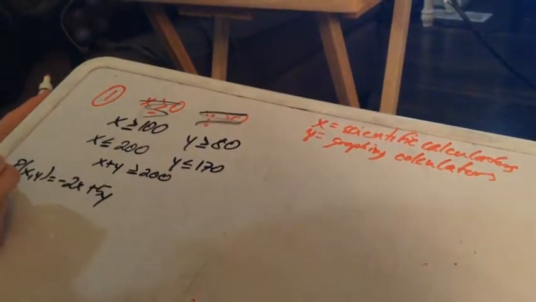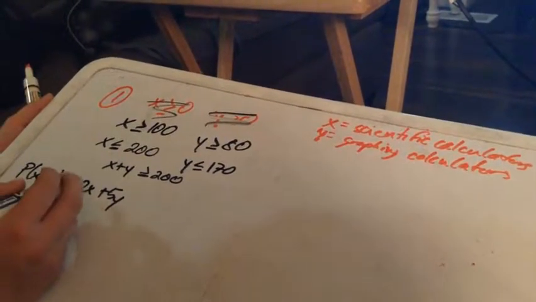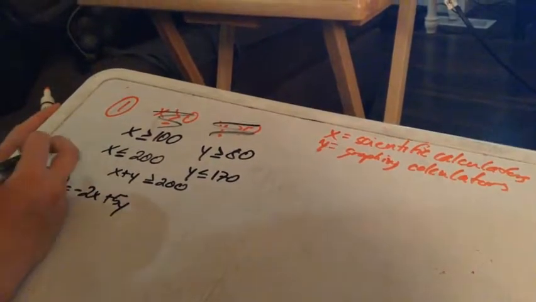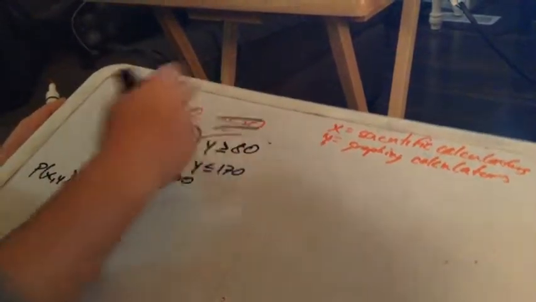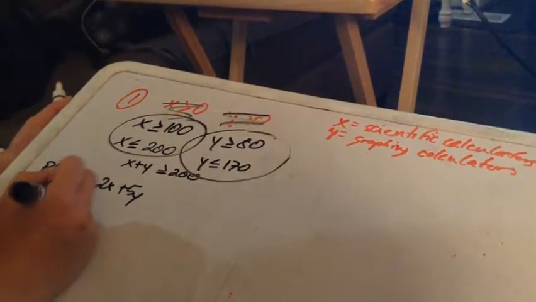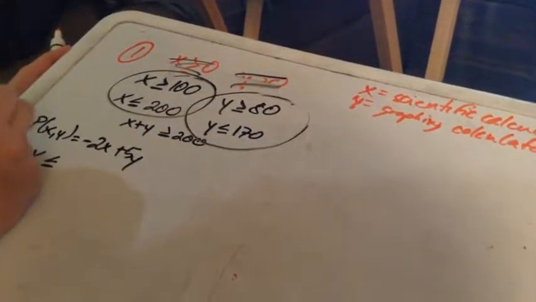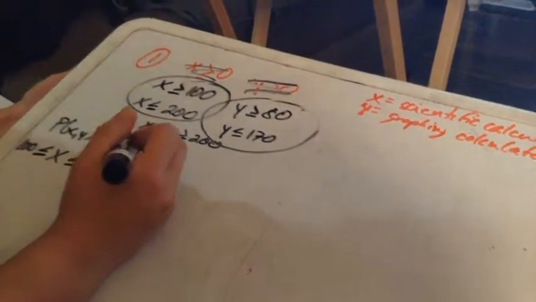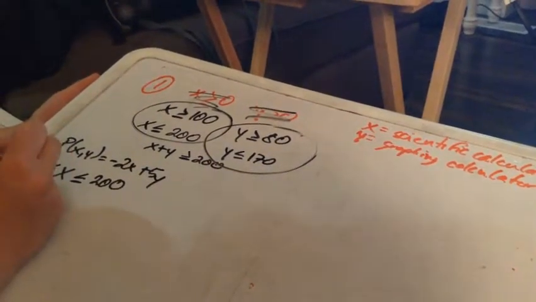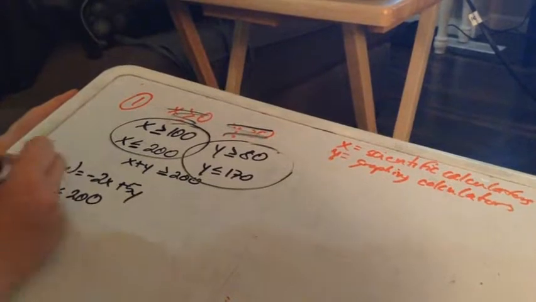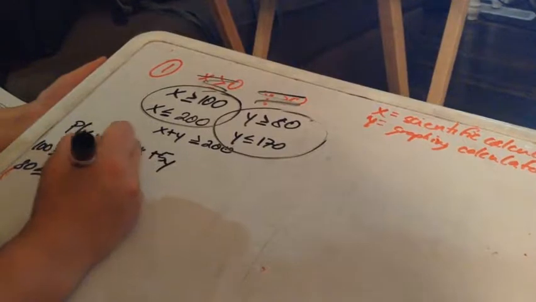We can simplify these into x is greater than or equal to 100, but less than or equal to 200, which also means y is greater than or equal to 80, but less than or equal to 170.